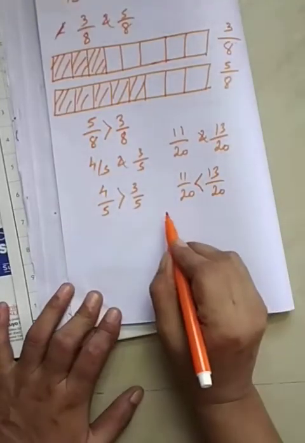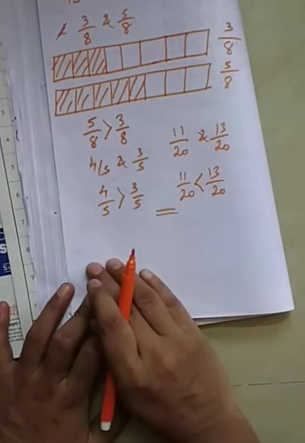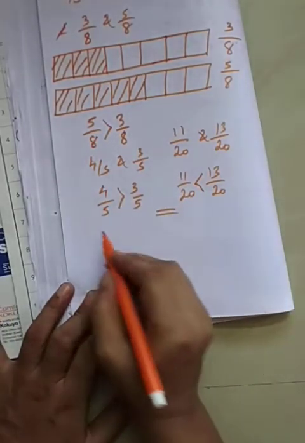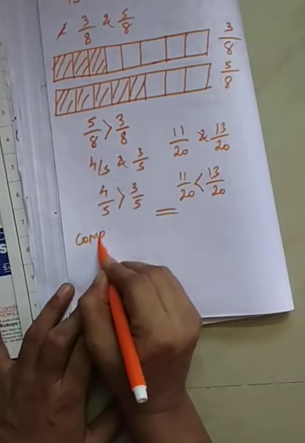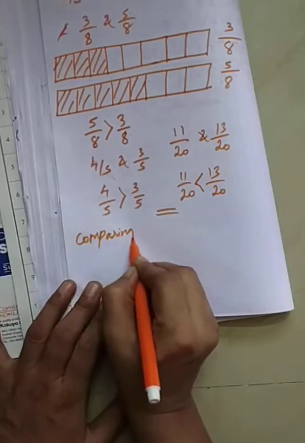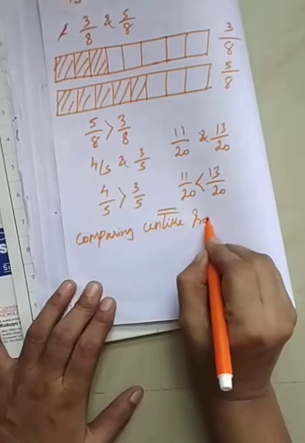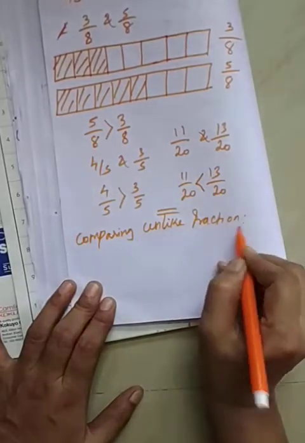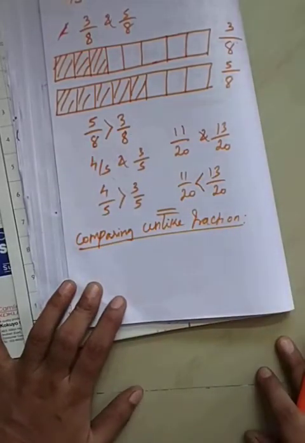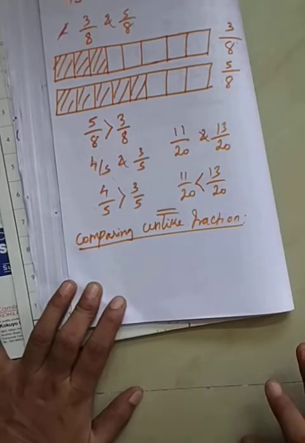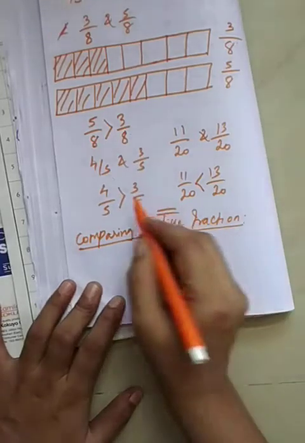Okay. Now we can see comparing unlike fractions. See, what are unlike fractions? Two fractions are unlike if they have different denominators. Right?